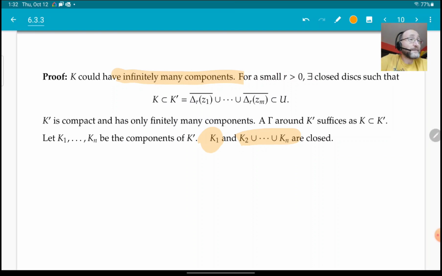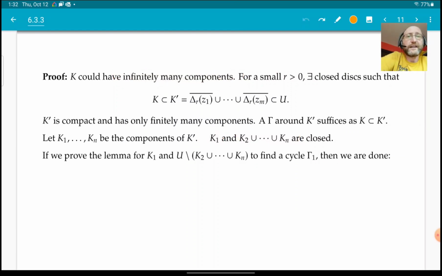If we had infinitely many components, the union of everything except the first component would not necessarily be compact, right? So both of these are closed subsets. Now, if we can prove the result for K1 instead of K, and instead of U, we're going to use U minus this closed set. So this is, again, an open set, just slightly smaller, right? We're taking out all the rest of these components of K.